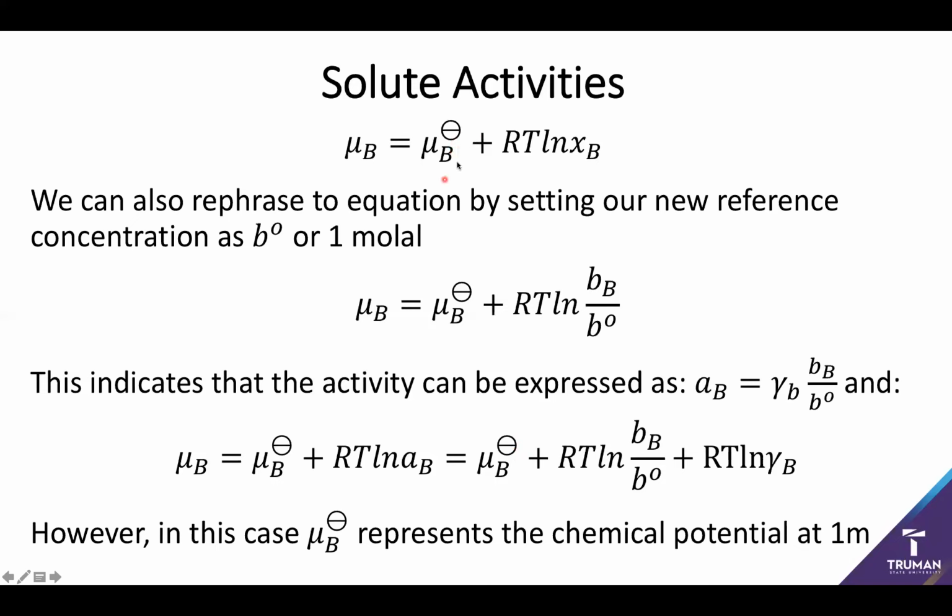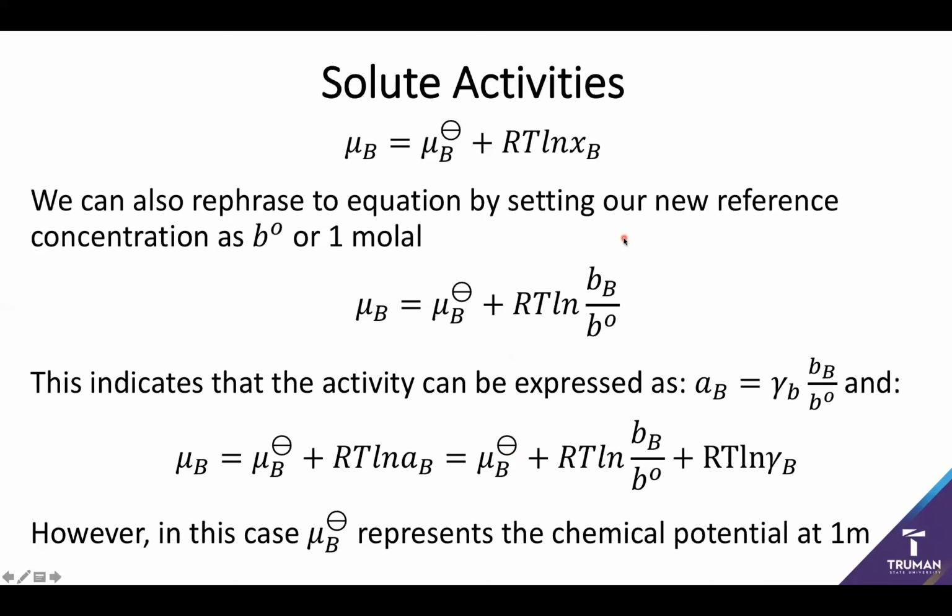In this case, it's literally the chemical potential at a mole fraction of 1. Whereas here, it's the chemical potential at a molality of 1. So these reference numbers can be very different. So whenever you're making use of these equations or chemical potential species, make sure you are very aware of what they're treating as their reference condition, as this can affect how the equation is used significantly.